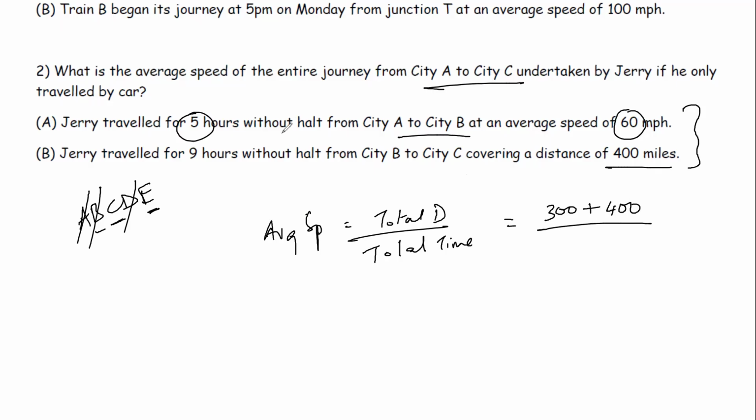The total time is 5 hours and 9 hours, 14 hours. Remember, we do not simply add the two speeds and divide by 2. It doesn't work that way. So the answer is 700 by 14, which is 50 miles per hour. So C gives you the answer.